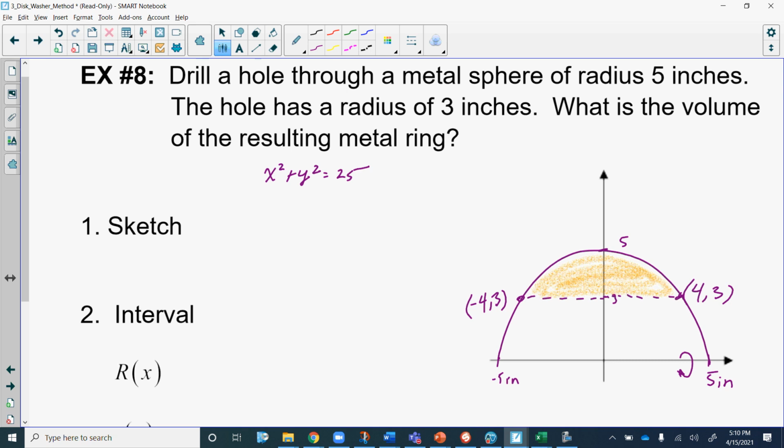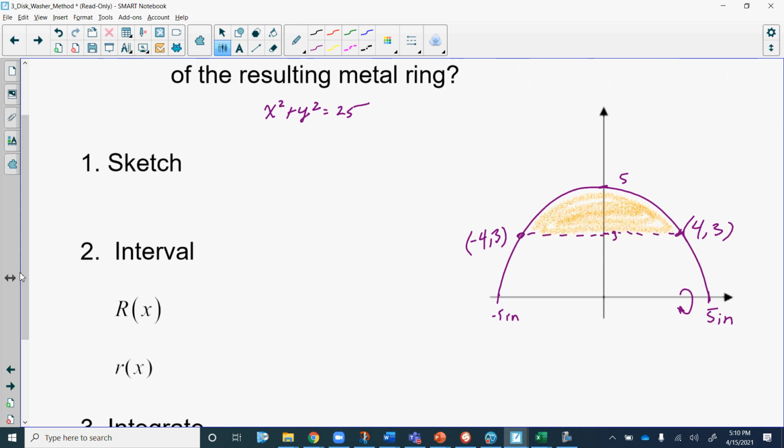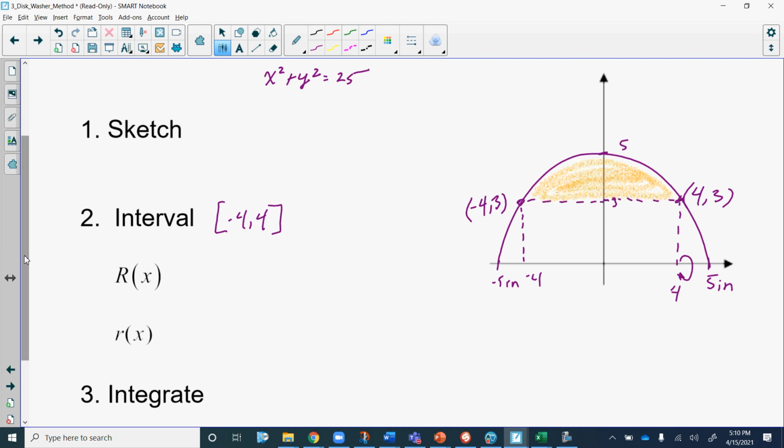So the interval, in this case, if I solve it in terms of y, I'm going to be going from -4 to +4, so that's my interval, -4 to 4. If I take the outer radius, let's do that one again, I guess in blue. The outer radius is going to be this guy here, which is the edge of the circle, which in this case will be a y value.